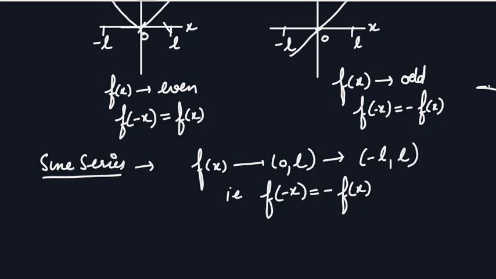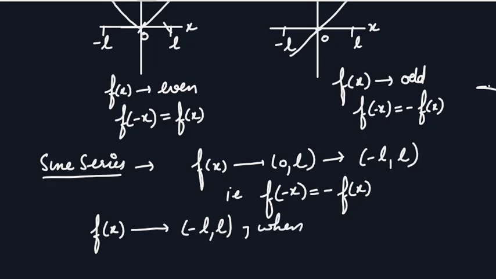Then in such a case, I will get the sine series. Once I have extended the function from the interval 0 to L to minus L to L in such a way that f of minus x is equal to minus f of x, I can apply the concept of an odd function.